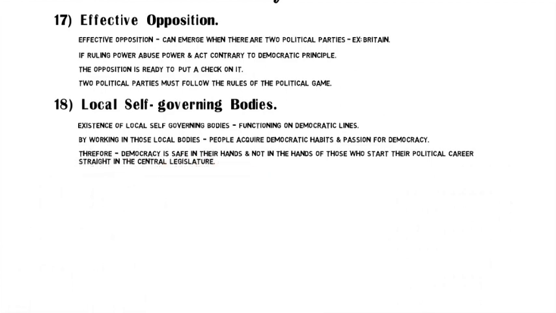A very important thing we need to understand, to understand democracy at the grassroots level, is the existence of local self-governing bodies. These bodies are very, very important because they are, in a way, part and parcel of a greater democracy, and therefore it is very important that they function on democratic lines.